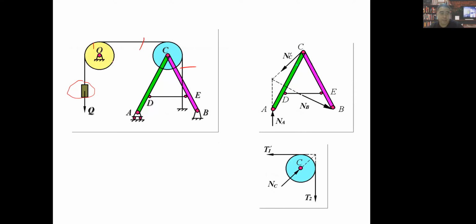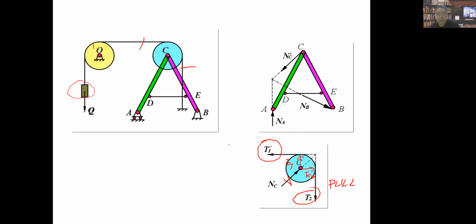More like this. Because this tension constraint always pulls, never pushes. So we have this T second, push, I'm sorry, pull, not push, pull here and pull here. Another one, once again, you cannot draw like this, you can draw FCX and FCY.